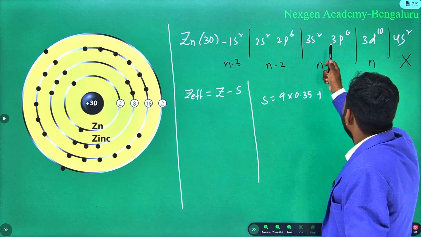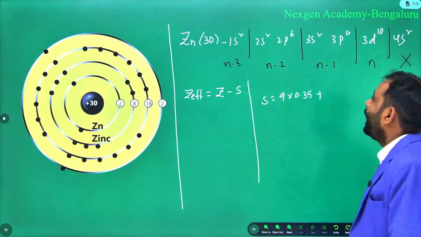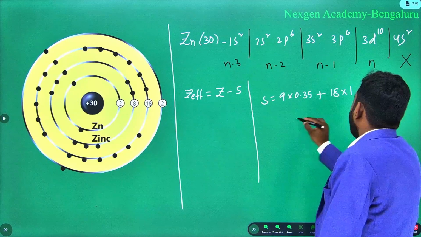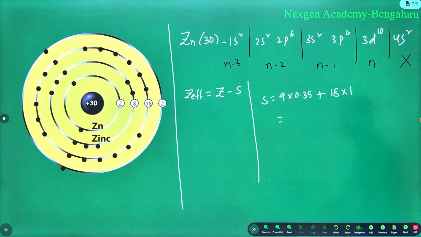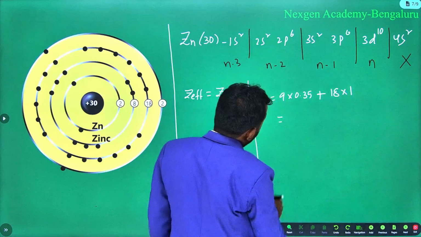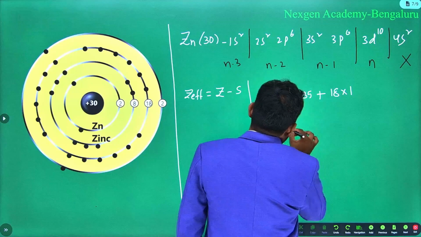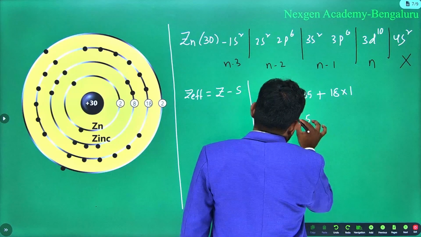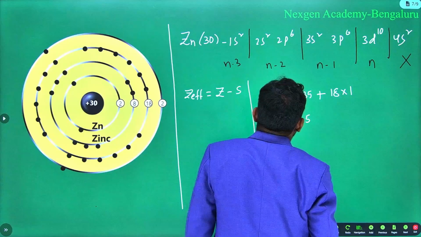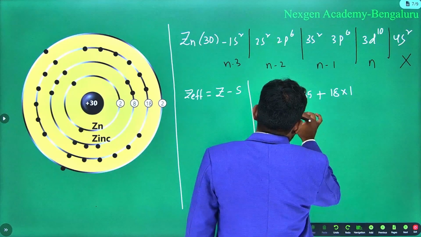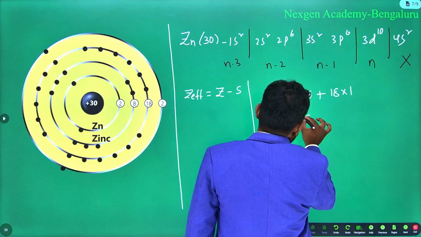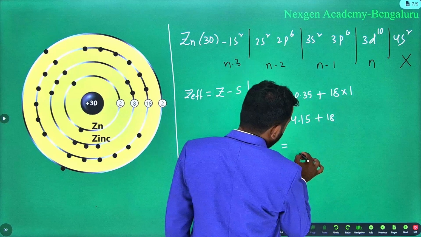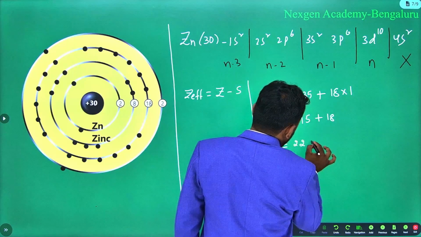How many are there? 8, 8 and 8, so 18. 18 into 1. How much? 4.15 plus 18 gives 22.15.